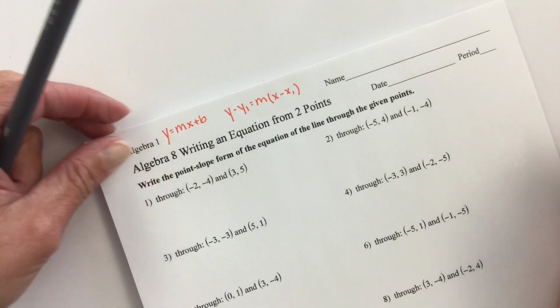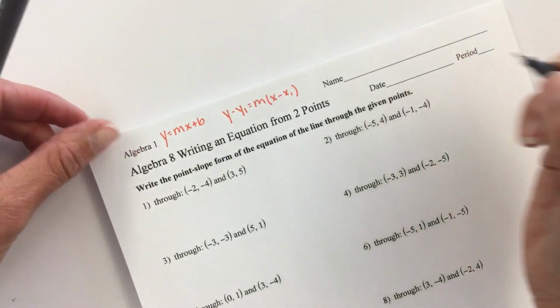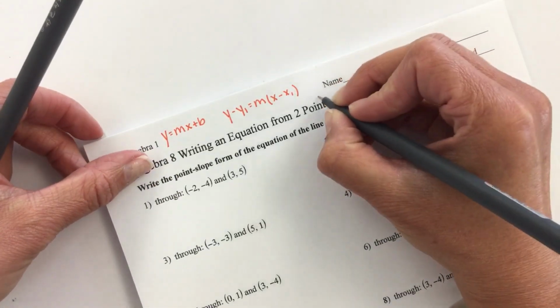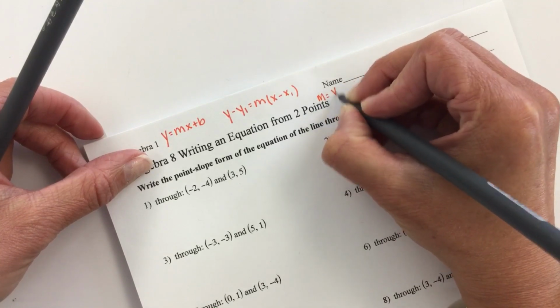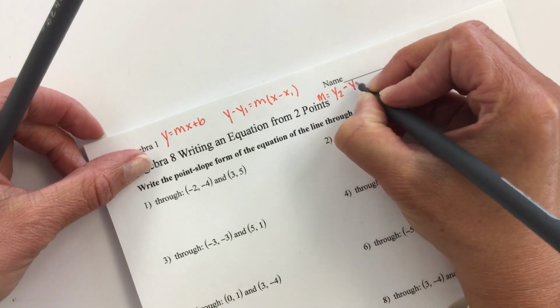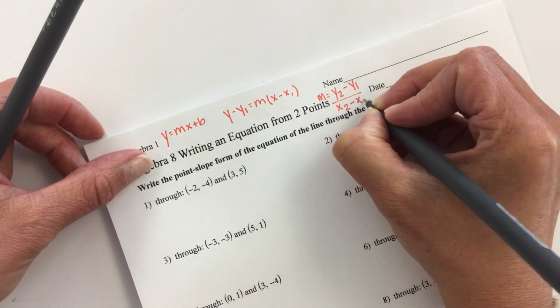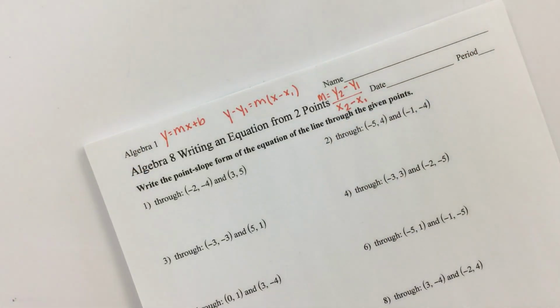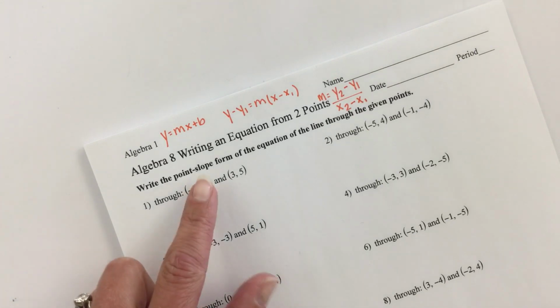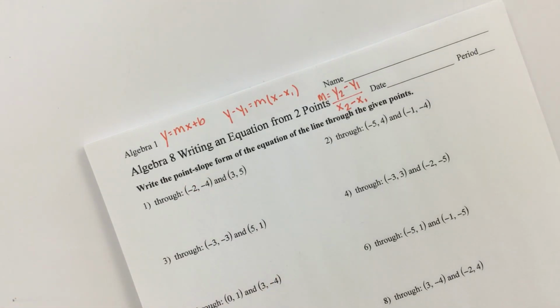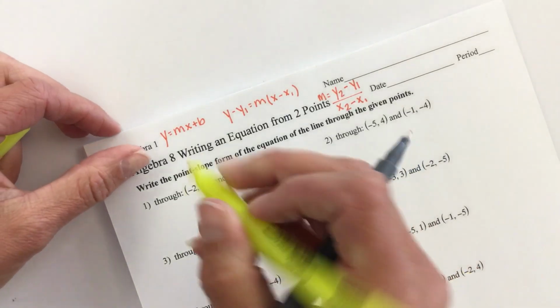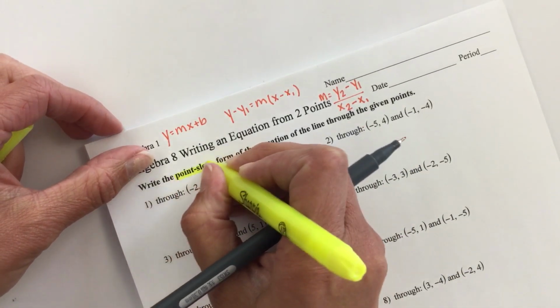And then our slope formula is our last thing, and I'll tuck that in here, is y2 minus y1 over x2 minus x1. Okay, in the first set of problems, your only job is to write this in point-slope form.